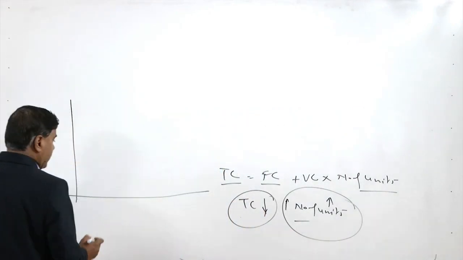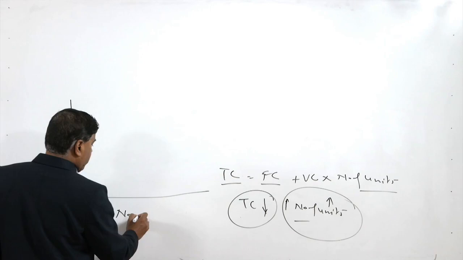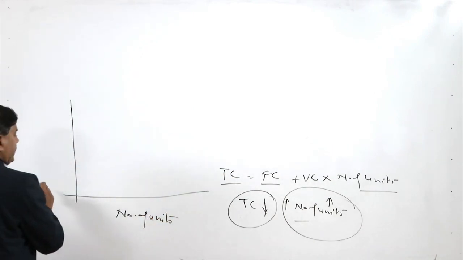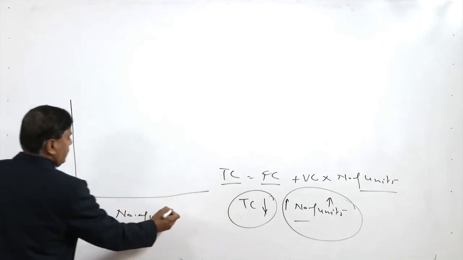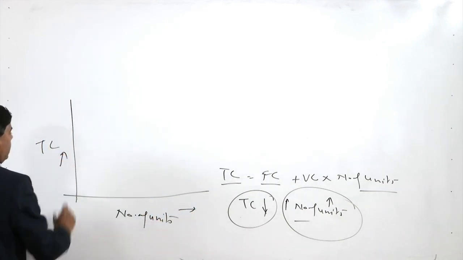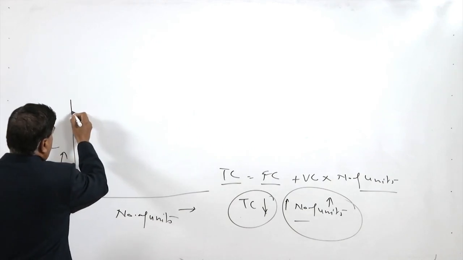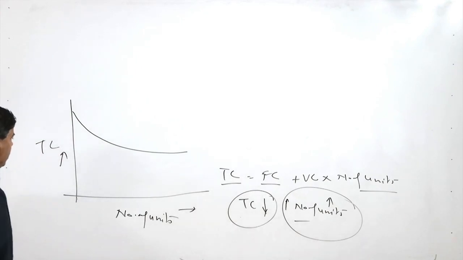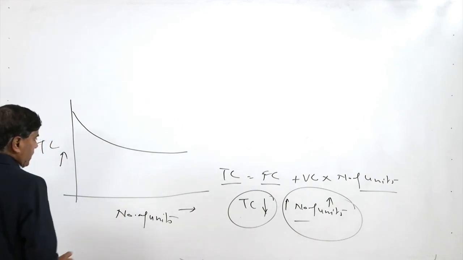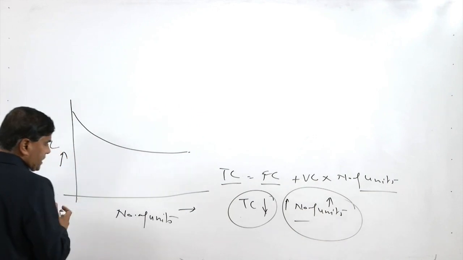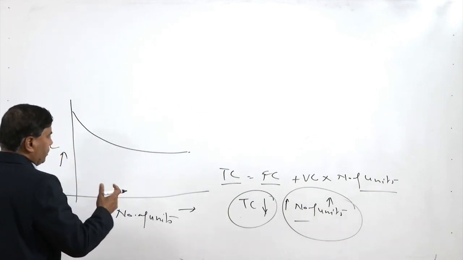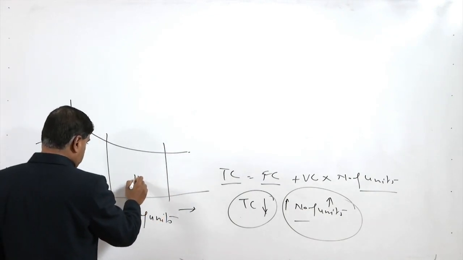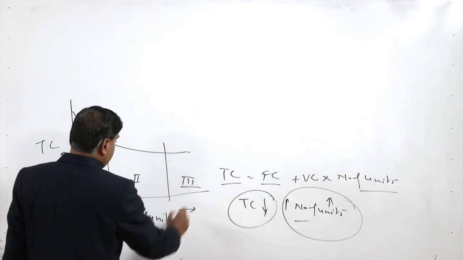This is what can be reflected in this TC diagram, with number of units on the x axis and the total cost on the y axis. Here we can see that normally the TC decreases rapidly with the increase in the number of units. But since there are different options, maybe this is the range for option 1, option 2 and option 3.